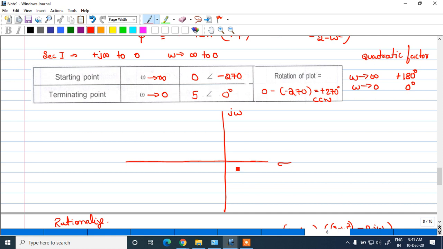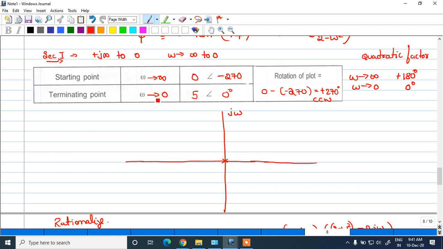We have plus 5, so let me extend my real axis to the positive side. Now when I substitute omega as infinity, I am drawing with respect to section 1. Omega as infinity, the magnitude is 0. As I always mention, when you get 0 as a magnitude, straight away you need to locate it at the origin, because there is no need to check the angle. 0 will be at the origin.